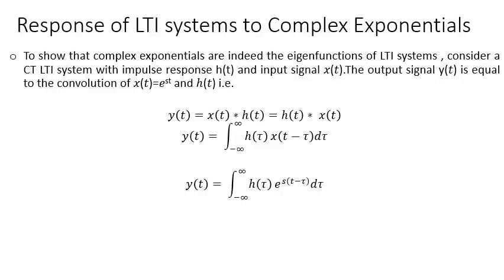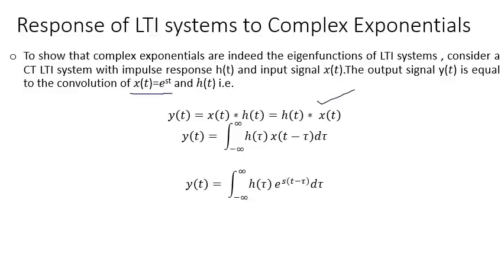To show that complex exponential signals are indeed eigenfunctions of LTI systems, let's consider a continuous time LTI system with impulse response h of t and input signal x of t equal to e power st. In that case, y of t will be equal to x of t convolved with h of t, or h of t convolved with x of t.